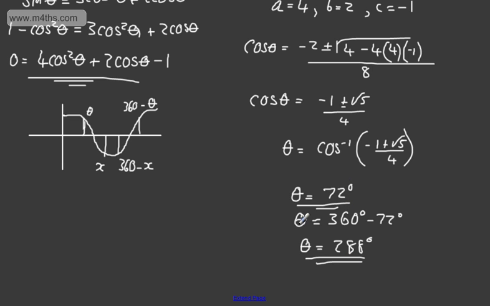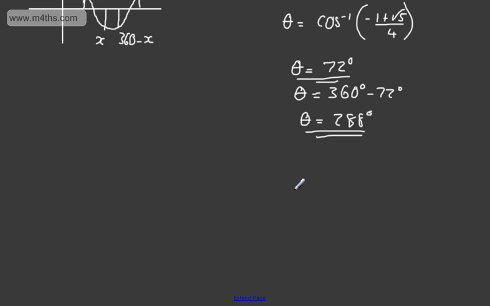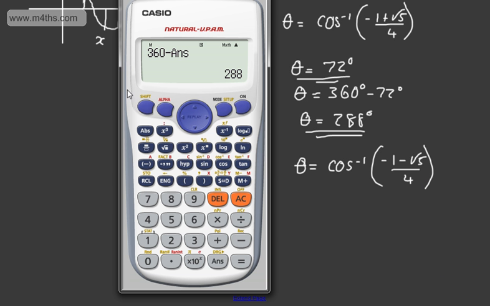So that now is when theta is equal to the inverse cosine of -1 plus root 5. We now need to consider theta is equal to the inverse cosine of -1 minus root 5 over the 4. And just going ahead and doing this in the calculator, we've got now inverse cosine, and plugging the values in, we've got -1, then we're going to have minus root 5, and that's going to be over 4.